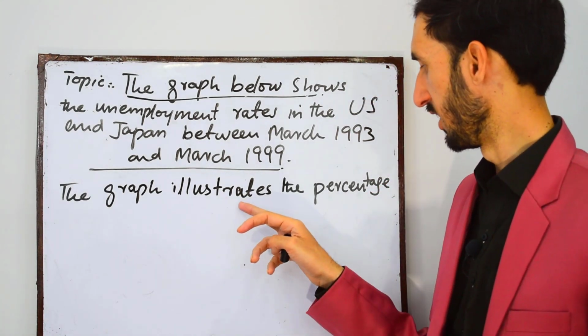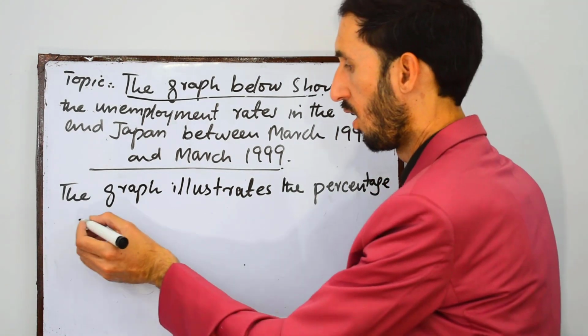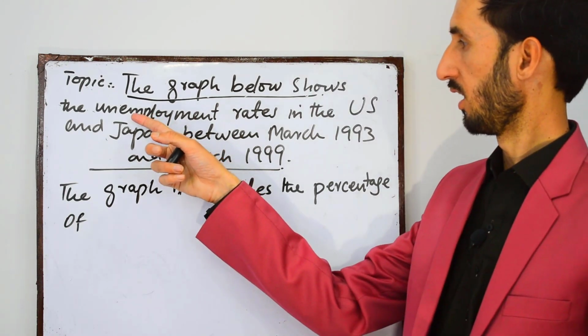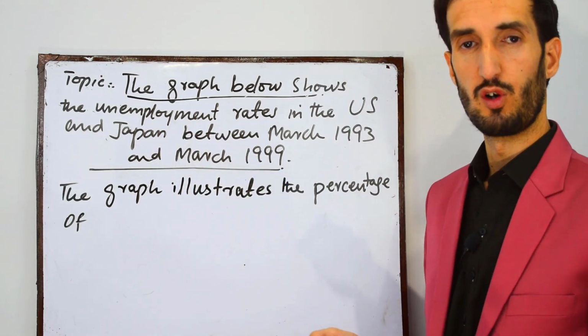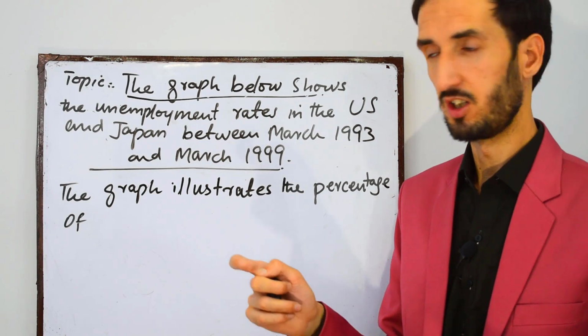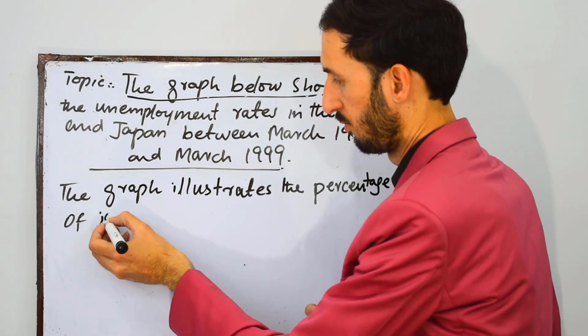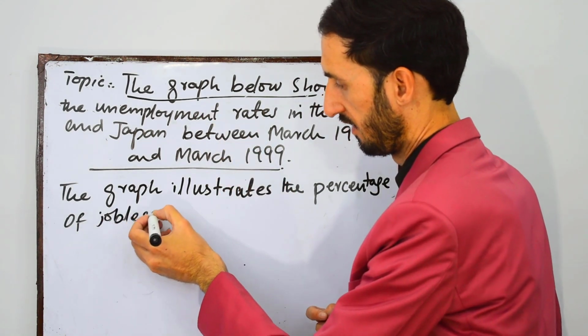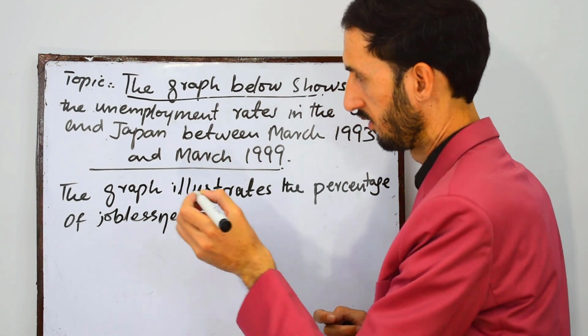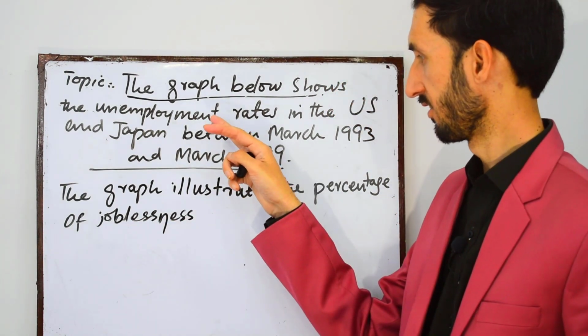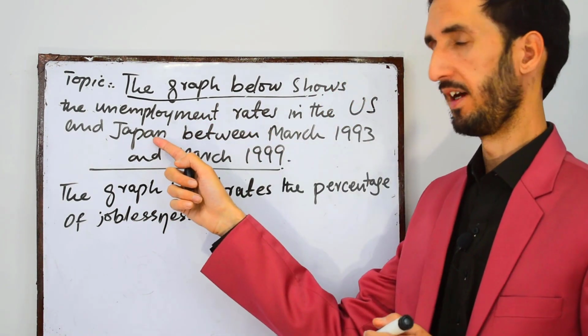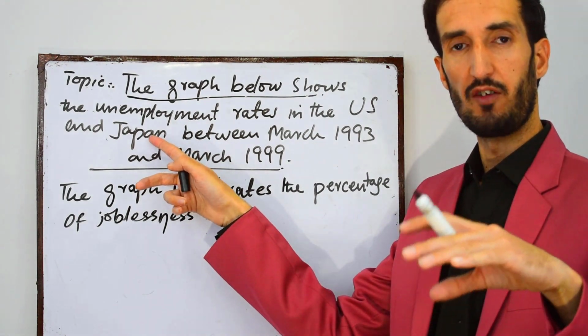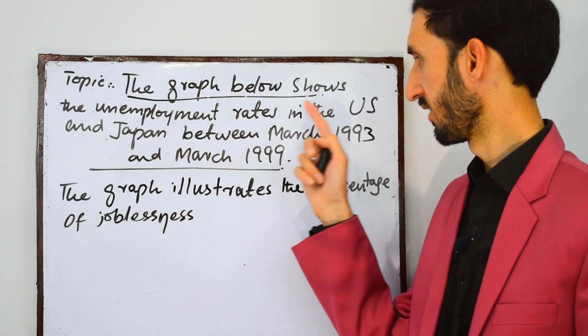The graph illustrates the percentage of, we have got the word unemployment. I'll use the word joblessness. It is the synonym of this word. The percentage of joblessness. In the US and Japan, we have two countries here, US and Japan.